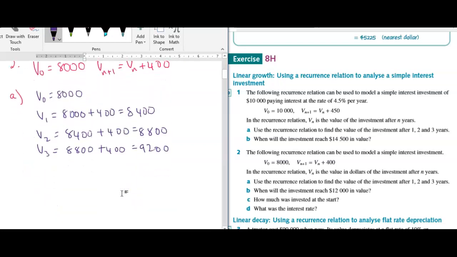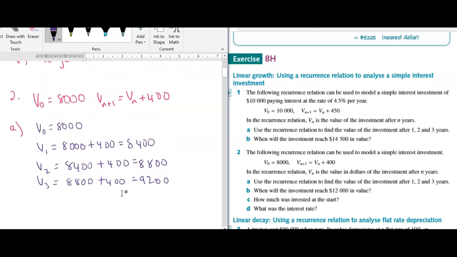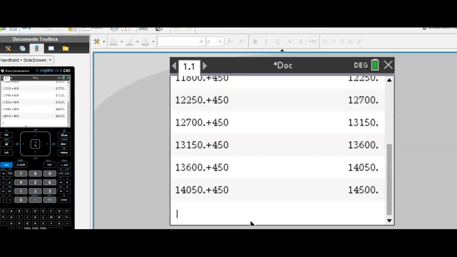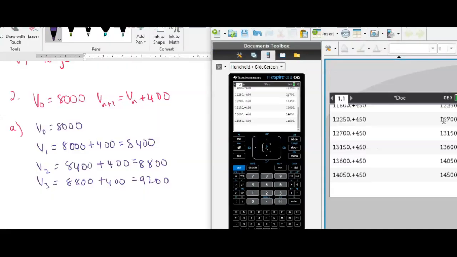All right, question B, when will the investment reach $12,000 in value? So you can keep doing this if you want to. Much easier to do on the calculator. Just before I go over, I'll make sure I know 8,000 and 400. Okay, 8,000. Enter. And then we're adding 400 each time.